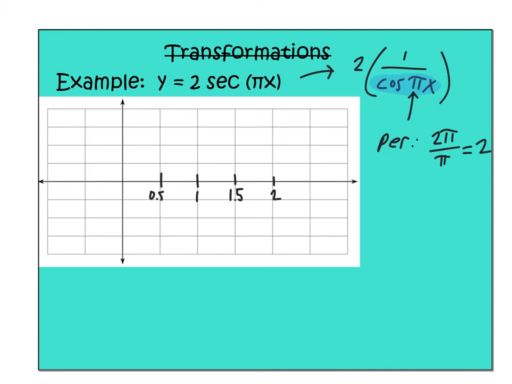We do have the amplitude of 2 going on here, the vertical stretch. So let's do our cosine graph based on that. Cosine is going to start out at its maximum, like cosine always does, and it's going to follow this pattern here, like a normal cosine curve.